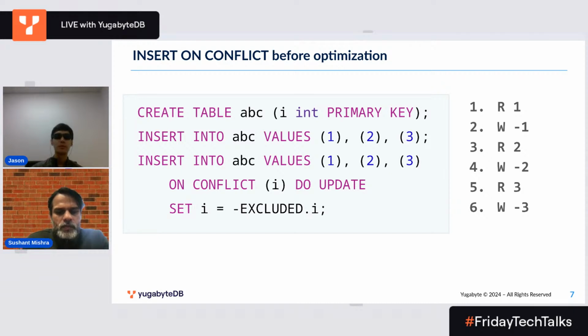So the sequence of operations: for this on conflict do update insert, we're going to try to insert 1, but first we have to read from the table to see whether it exists or not before we try to insert it. And we do that for all the values. So let me go through it.